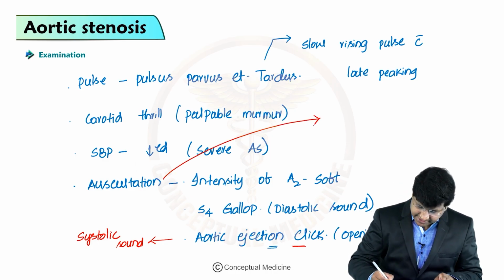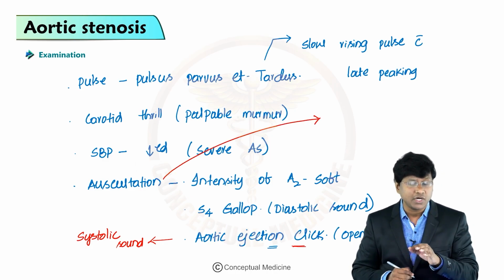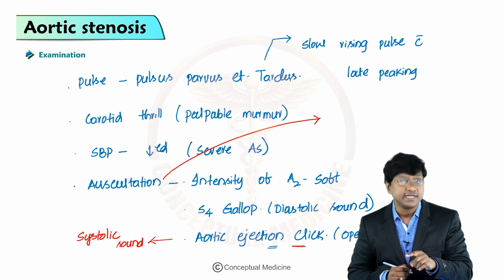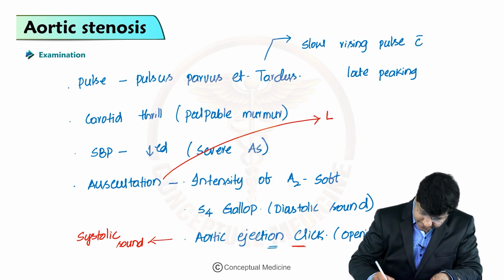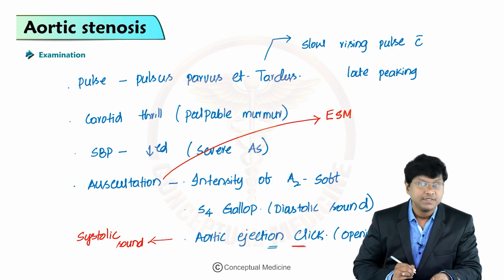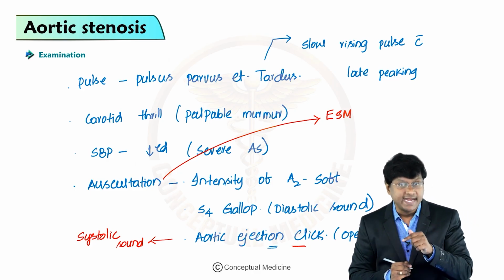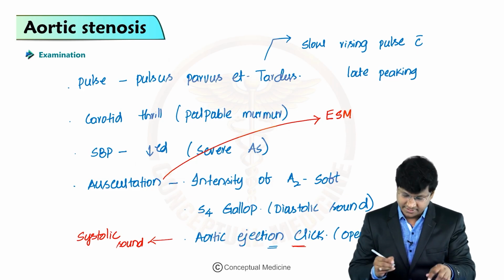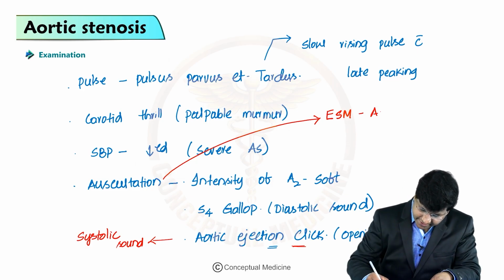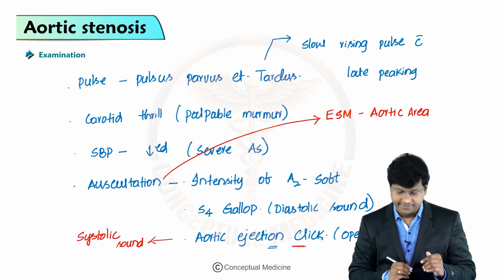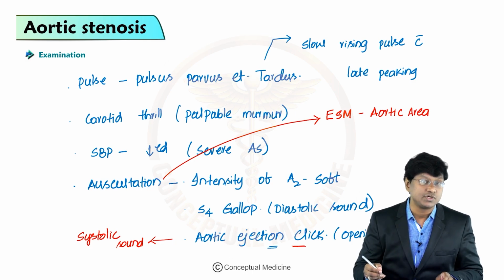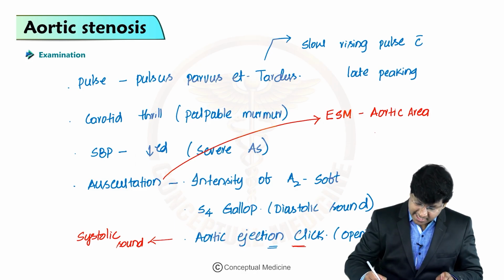Followed by that, the murmur is also very important. Upon auscultation, you also hear an ejection systolic murmur. This ejection systolic murmur is heard in the aortic area. It is also associated with a thrill, and it is of harsh quality.